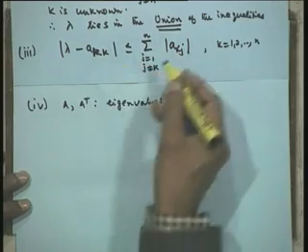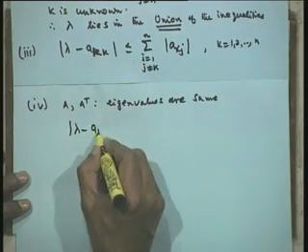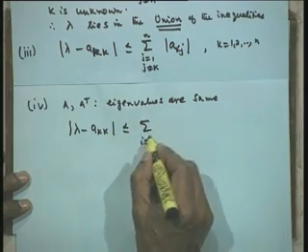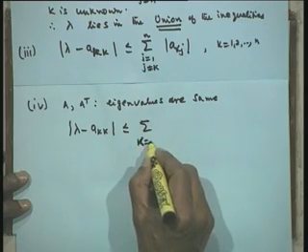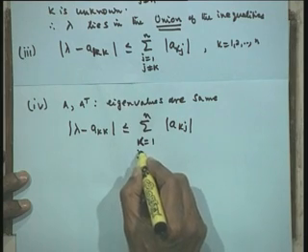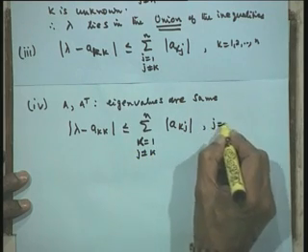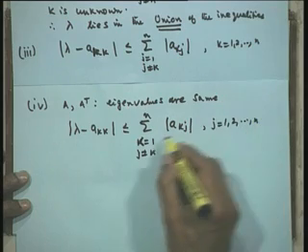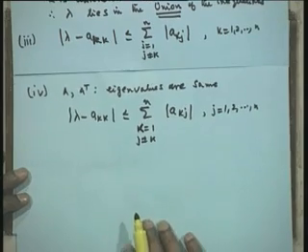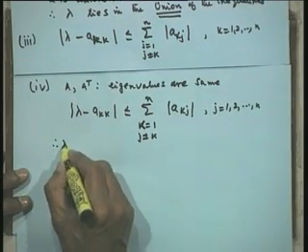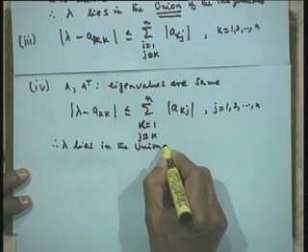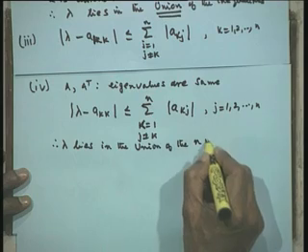Therefore, this inequality would simply become magnitude of lambda minus akk is less than or equal to the summation over k equal to 1 to n of magnitude akj, j not equal to k, for all j. That means we are forming the same thing with respect to the columns, and again lambda lies in the union of the n inequalities.